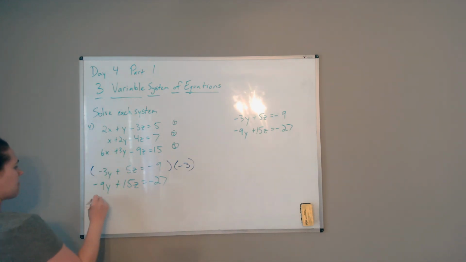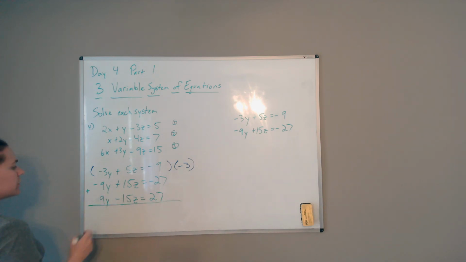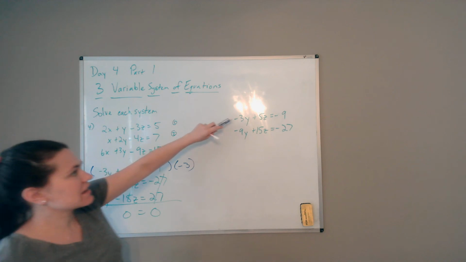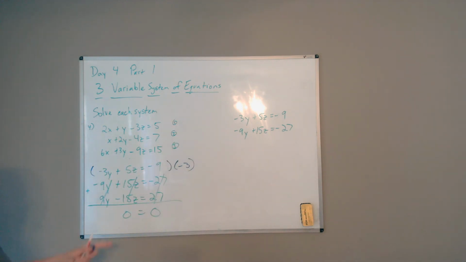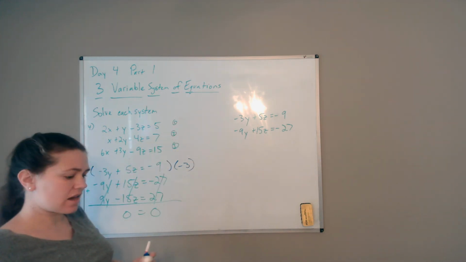So we take this, we get 0 equals 0. So what that means is these two lines are the exact same line. We just got 0 equals 0. That means, okay, that these two lines are the same.